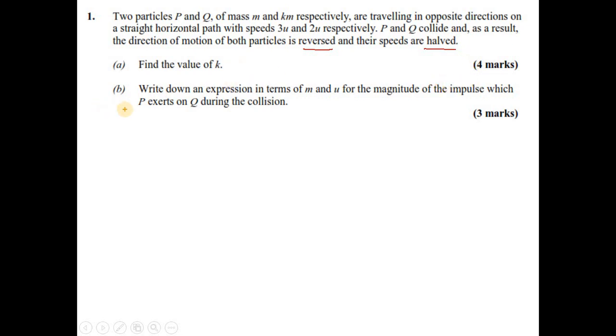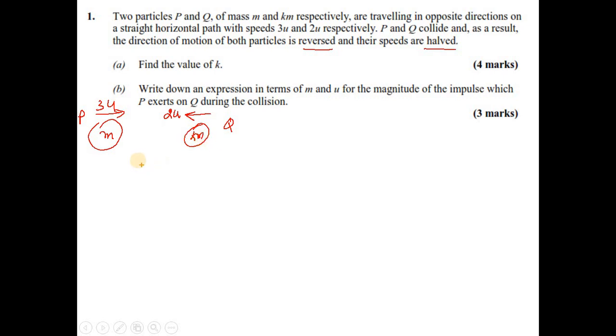Okay, so we have two particles. Particle P of mass m moving with velocity 3u. I'm assuming it is moving leftward, and we have another particle Q moving in the opposite direction to P, with velocity 2u, and the mass of particle Q is km.